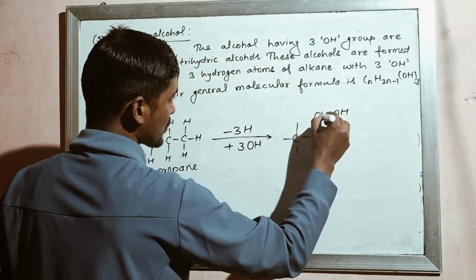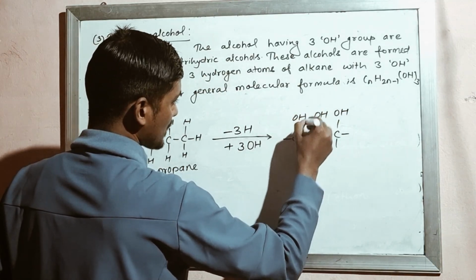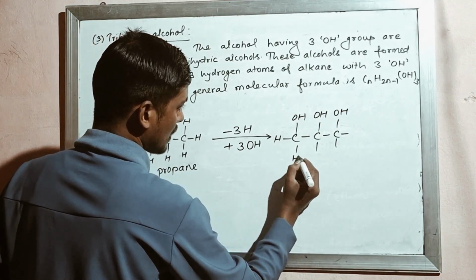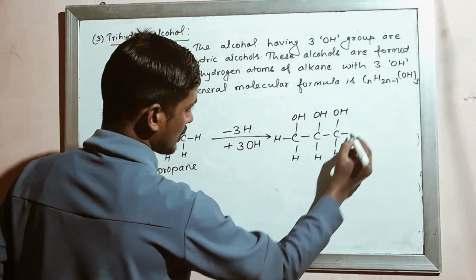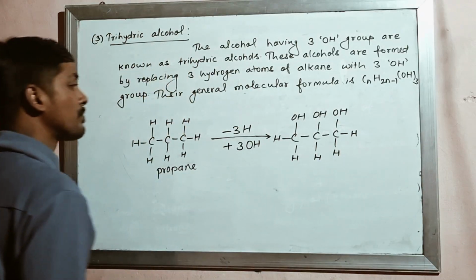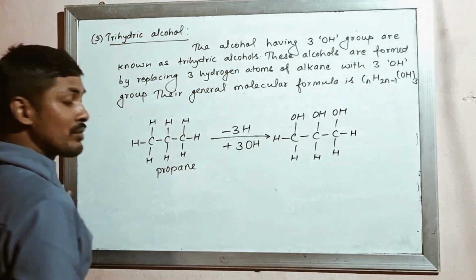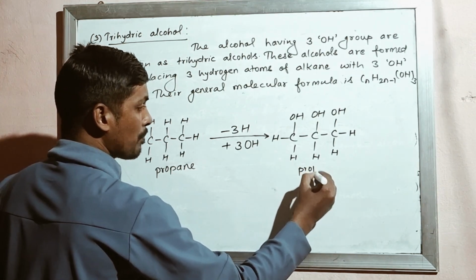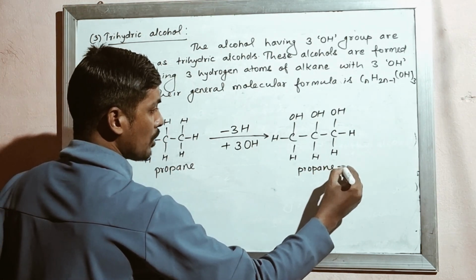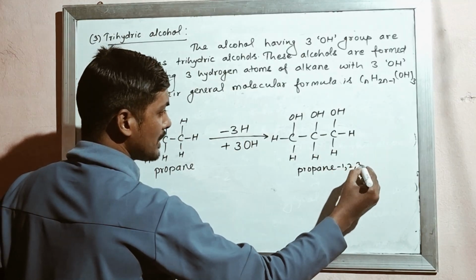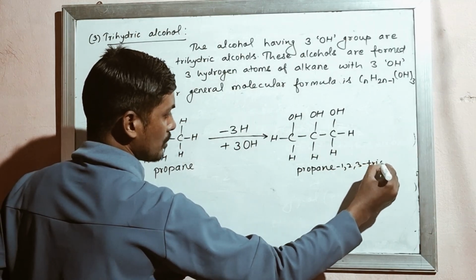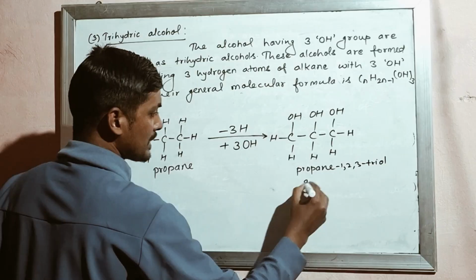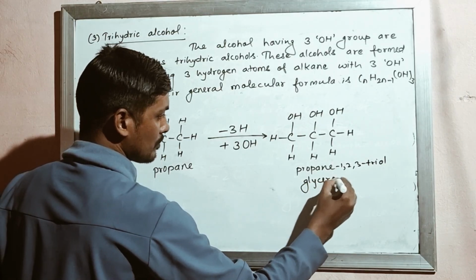OH, OH, OH, H. Now the name of this trihydric alcohol is propane-1,2,3-triol. Commonly it is known as glycerol.